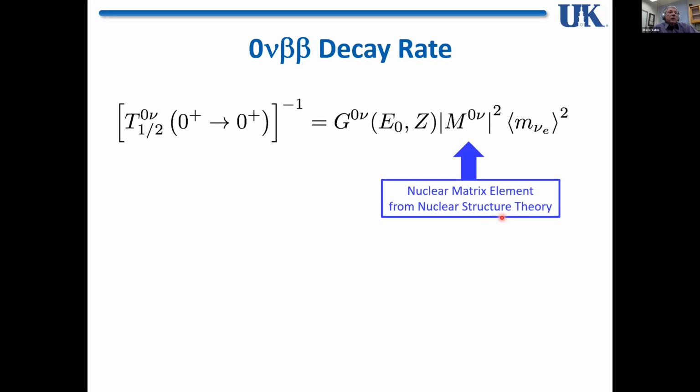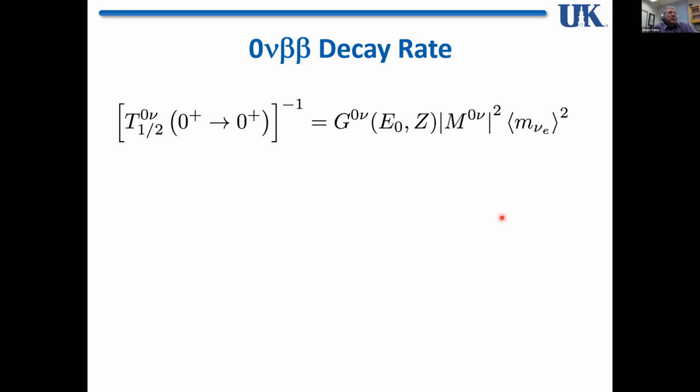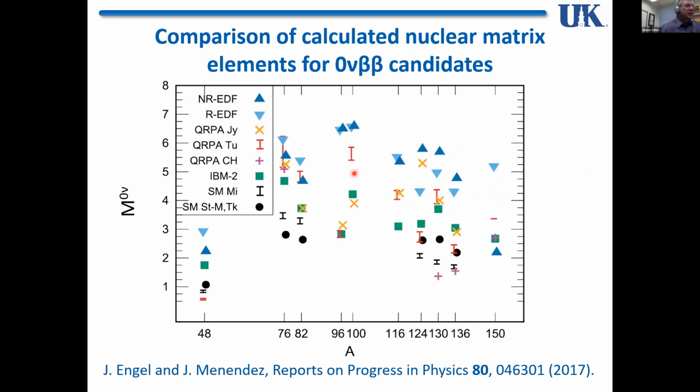And this is basically where our measurements enter in, because we'd like to examine the nuclear structure theory, not necessarily constrain it, but just see how good the nuclear structure theory calculations are by comparison to real data in nuclei in the region. Now, this is a description of the various calculated nuclear matrix elements for 10 of the suggested double beta decay candidates.